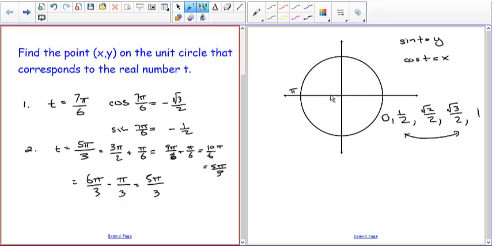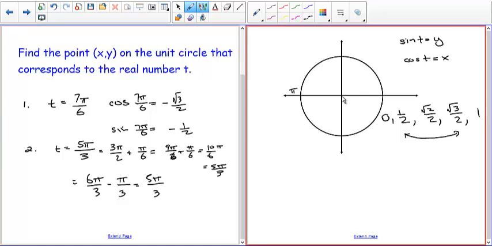So we can go this way all the way to here and a 1/6 of the way between these two places, or you can go all the way around and then come back 2 pi.